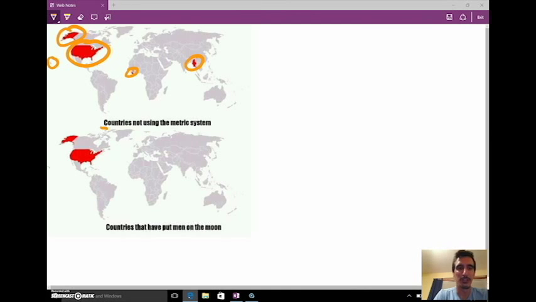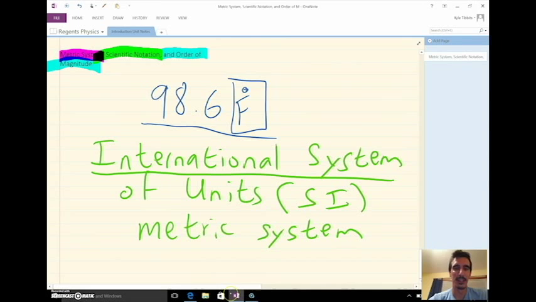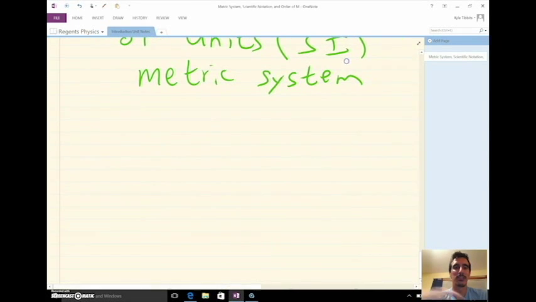So these, again, for some reason, are the countries not using the metric system. Let's look at the countries that have put men on the moon. The most powerful country. So I'm going to assume that these two are the next to put men on the moon. Okay. Anyways, so in physics class, we use the metric system.